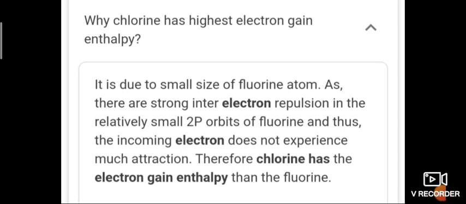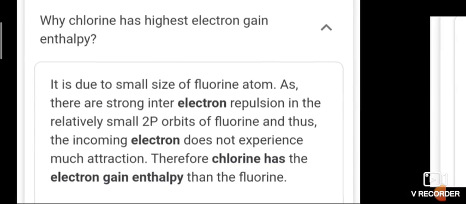Because the number of shells is more, it has less attraction towards its center. So electronegativity is less, but electron affinity is more in chlorine. So chlorine has more electron gain enthalpy than fluorine.